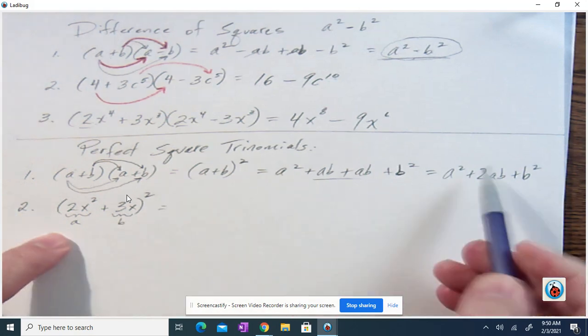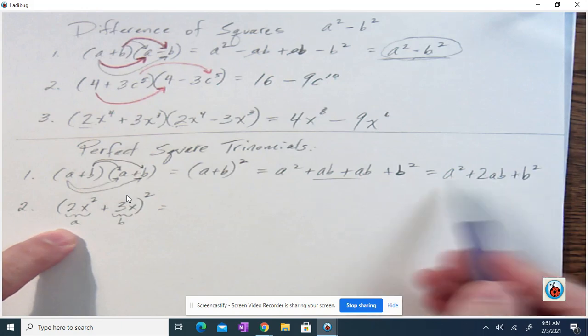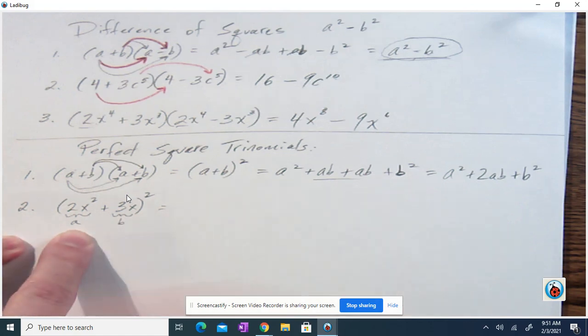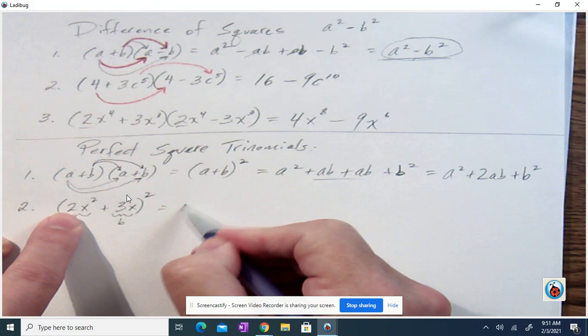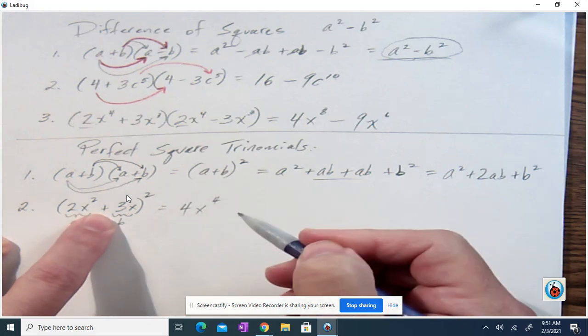So I know that if this is like a template or a formula, when I multiply this out, all I have to do is square this term. So if I square this, I get 4x to the fourth.